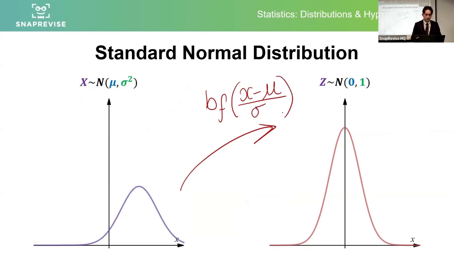What we've got is if I move this mu to the left and shrink it down by sigma, it lands up on 0 with a standard deviation of 1. So we're basically describing any normal distribution as a graph transformation to the standard normal.